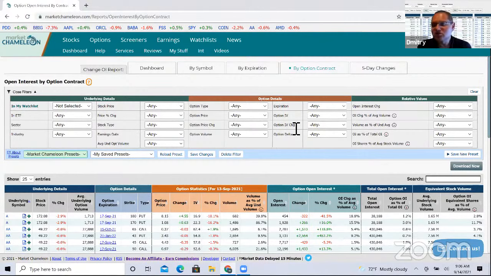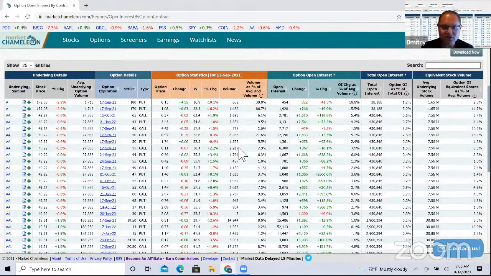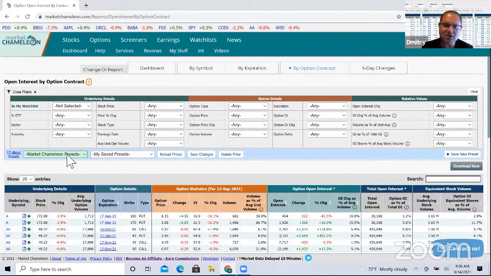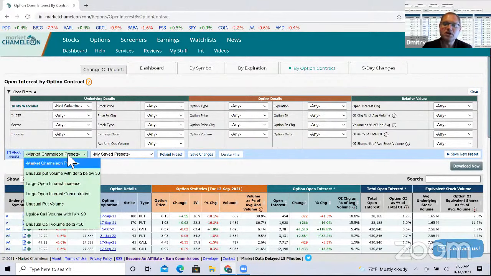Sometimes, as a starting point, if you've got this large report and want to filter something out, you could use these presets. These are just general filters that I put in there and save. I'll just go over a couple of them today, okay?